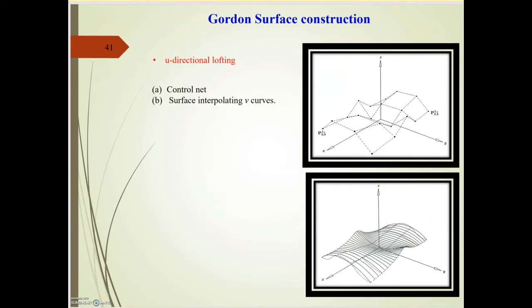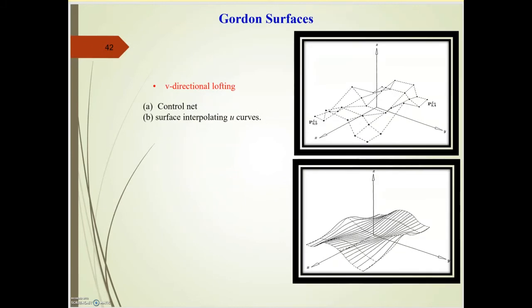Gordon surface construction. It is U-directional lofting. These are the examples for Gordon surface construction using U-directional lofting. In the first figure we use a control net, whereas in the second we use a surface interpolating V curves. Another method is V-directional lofting.